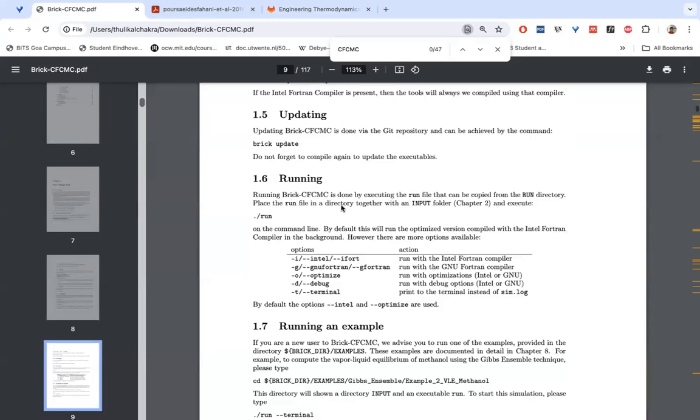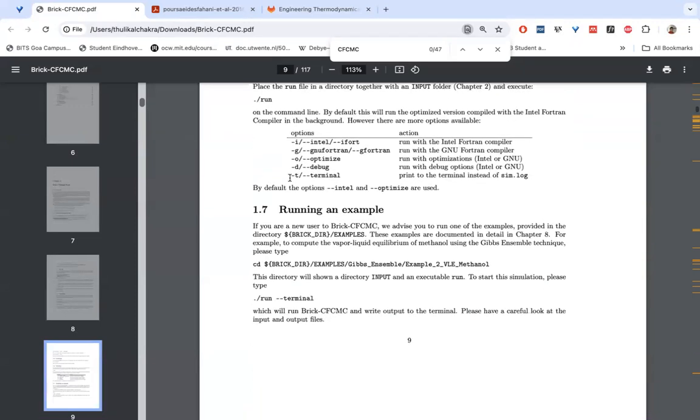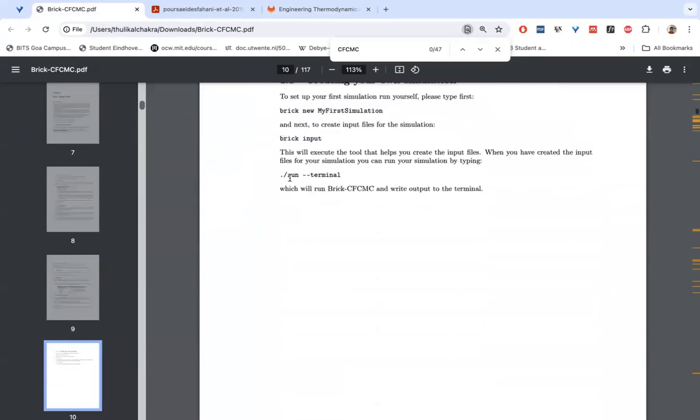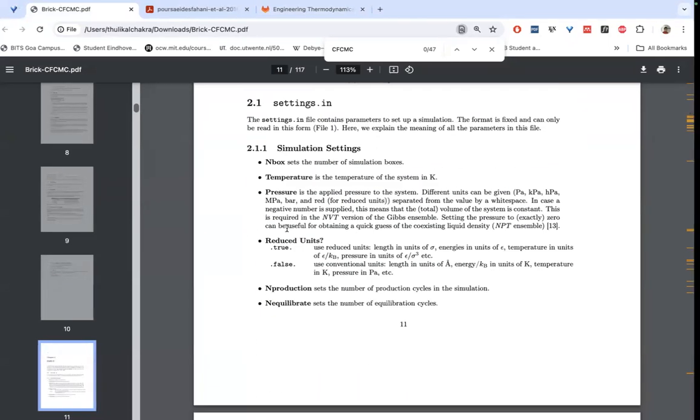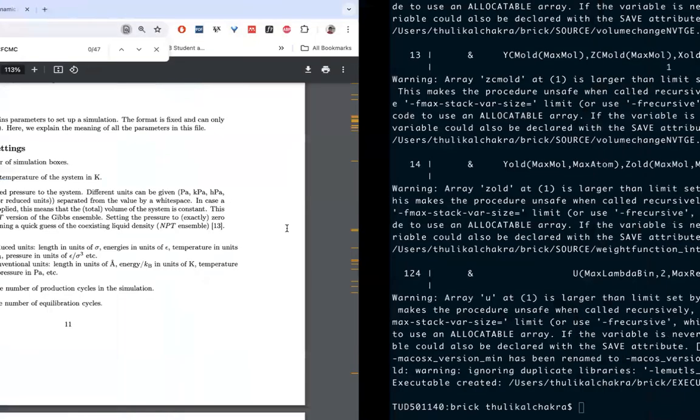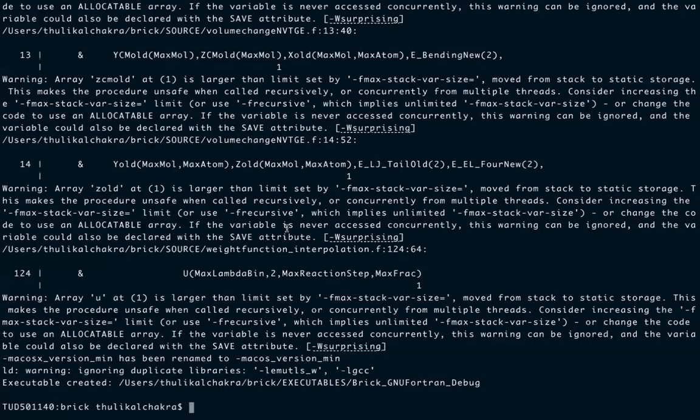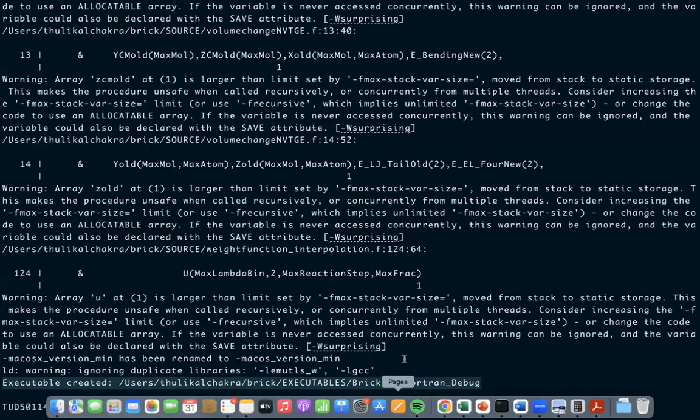Also how to update it. Then you also have the options to run and so on. This is very well written and very instructive, and you do not have to worry that you will miss the intermediate steps. So that's not a problem. Now it says that an executable has been created, and perfect.